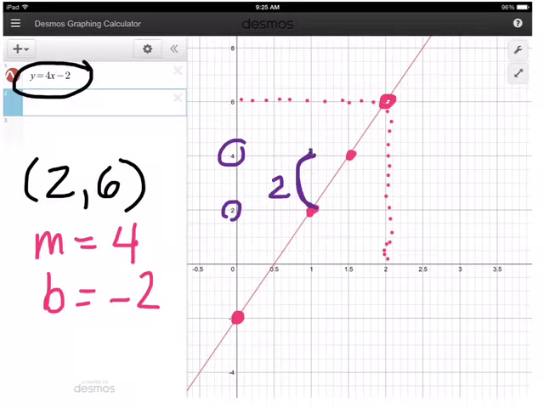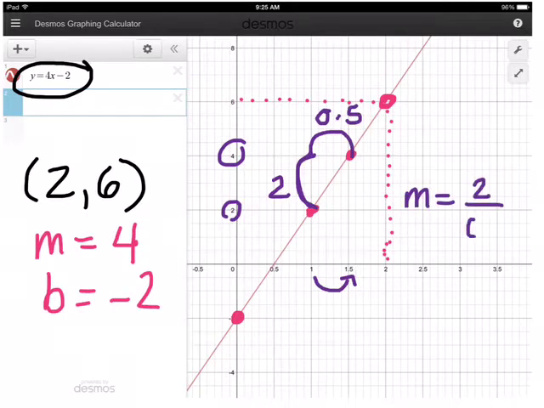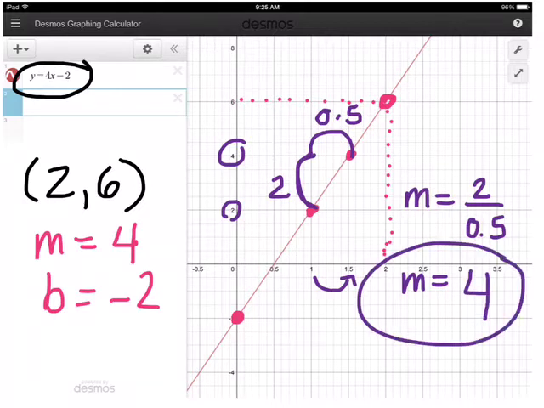Then from here to here, the run, from 1 to 1.5, what is the run there? What's the difference between those points? 0.5. So according to our graph, the slope is 2, the rise, over the run. What is 2 divided by 0.5? 4. And that's what our equation says.